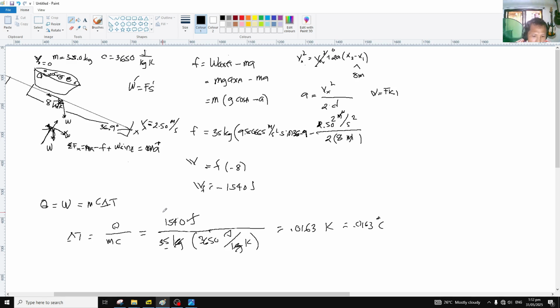And that should give us 0.012. 0.012 Kelvin. 0.0120 actually. We can add a 0.